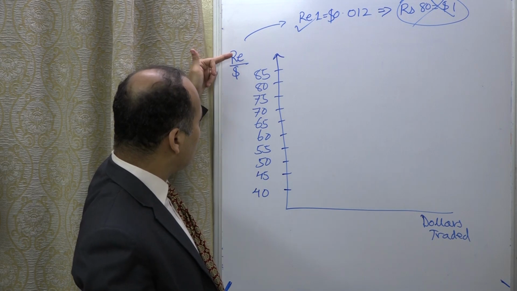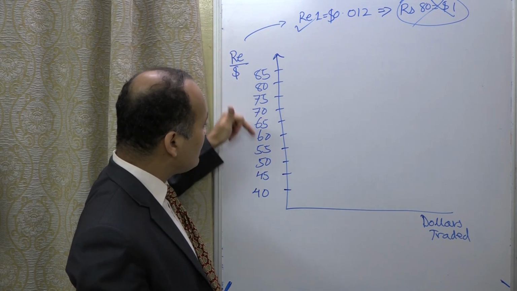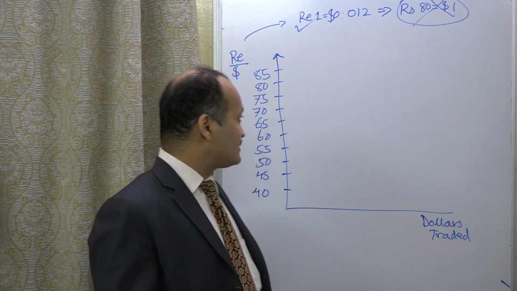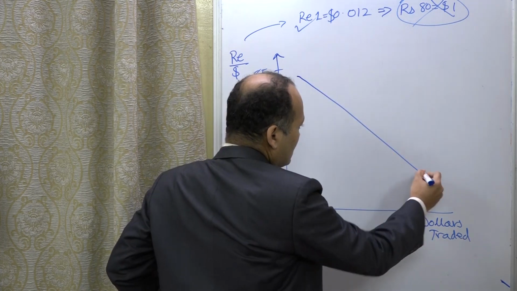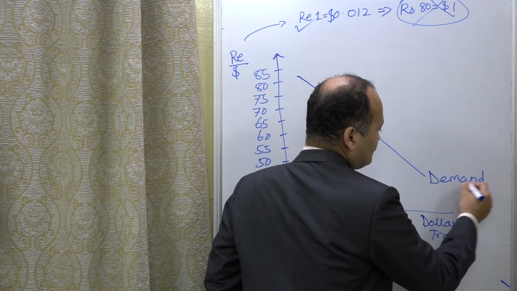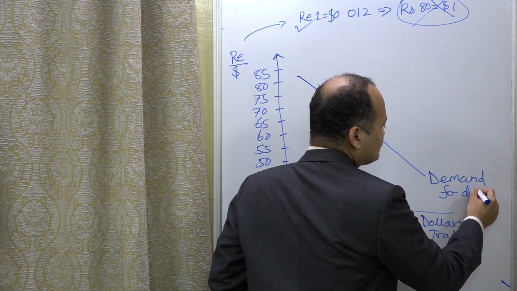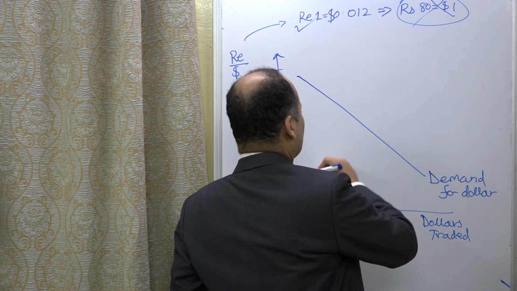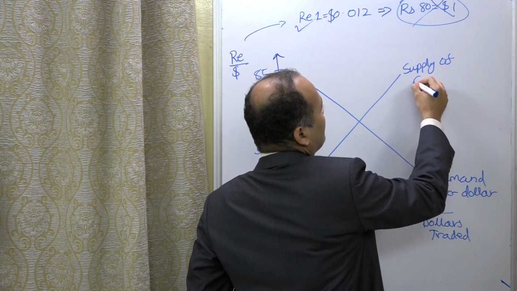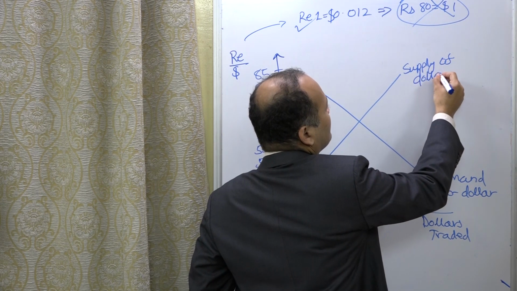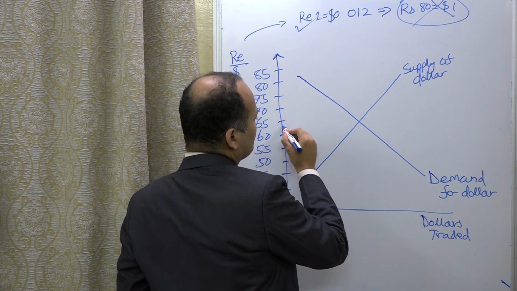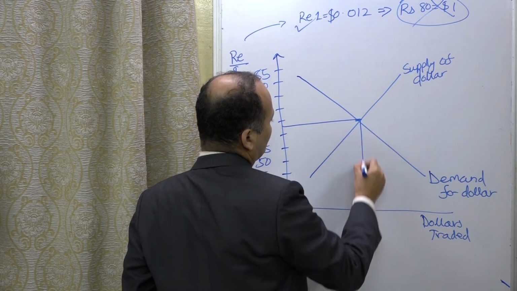Here we are representing how many units of rupee you need to get 1 unit of dollar. Now with the changes in the x and y axis, this is the demand for dollar, and this is the supply of dollar. This demand and supply of dollar, suppose, gives us a particular exchange rate.